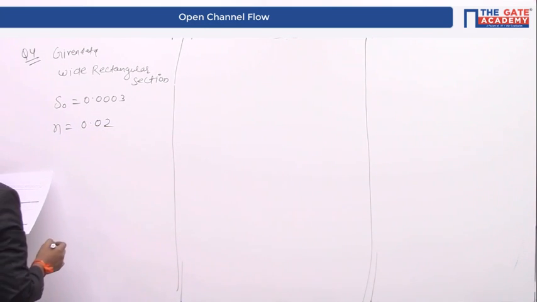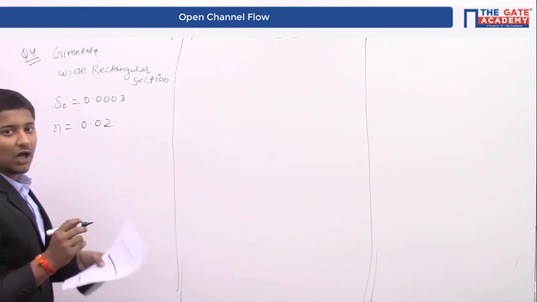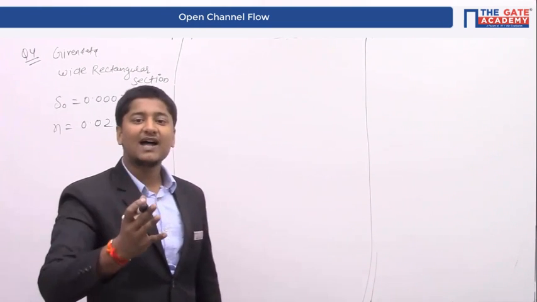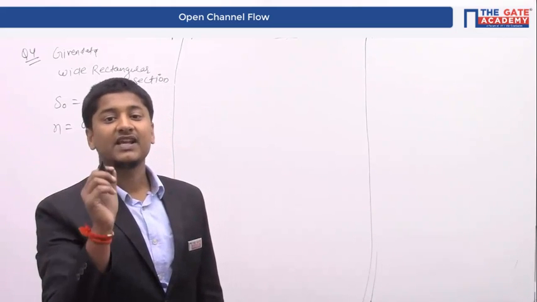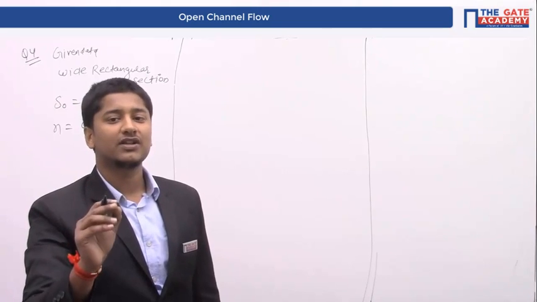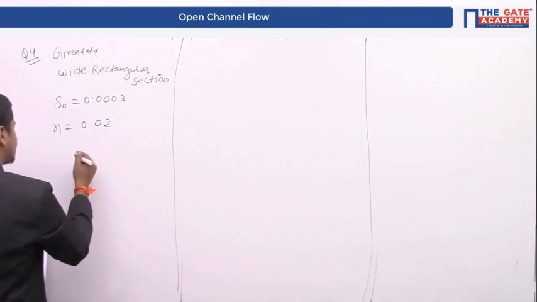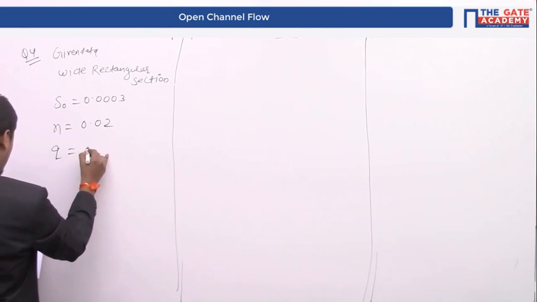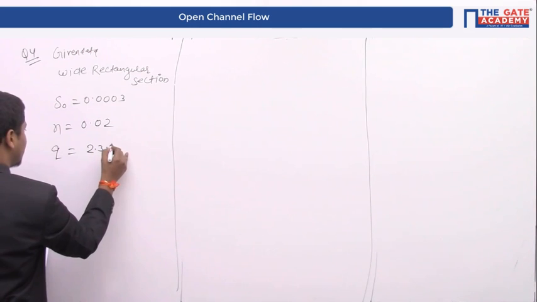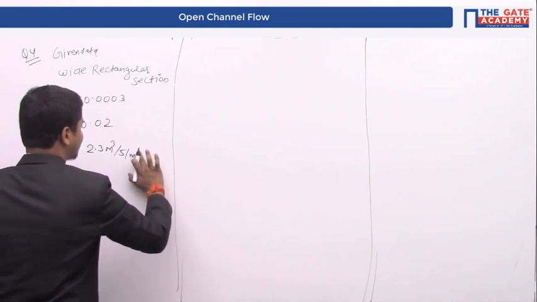And the last part which is given is discharge intensity. Now the question comes, in discharge intensity, what you have to do is recheck the unit part. That is the most important part. So if you see the question, discharge intensity is Q equal to 2.3 meter cube per second per meter. So you can understand that part.